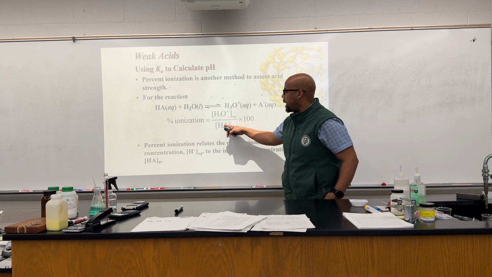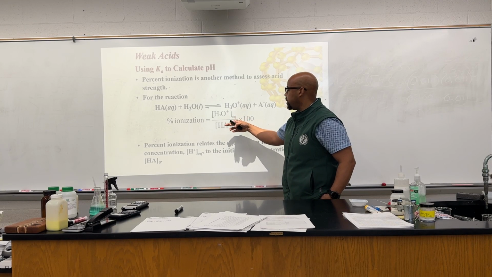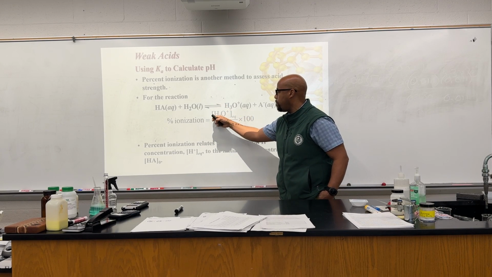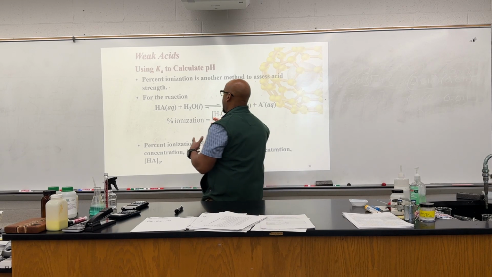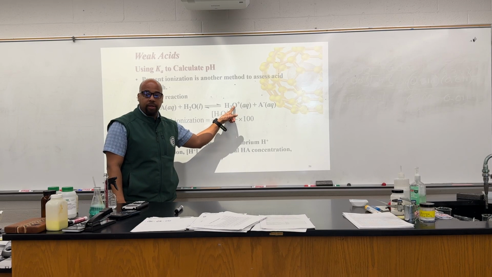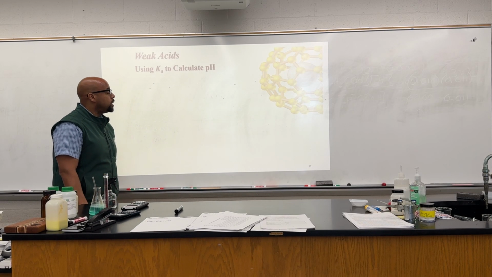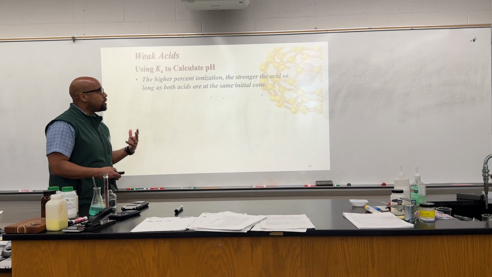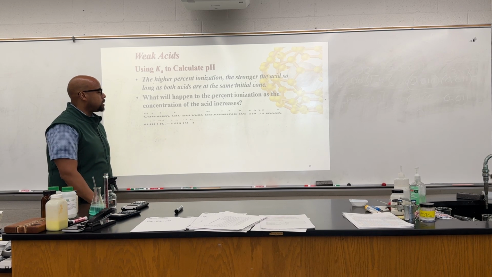And of course, a higher percent ionization implies that you get more dissociation, which means you got a higher amount of the hydronium cation being produced. And remember, when it comes to these acids, I'm not afraid of you, but I am afraid of this thing right here. That will be the thing that will cause severe burns, that hydronium cation. So as we get these higher percentages, then we got a stronger acid.